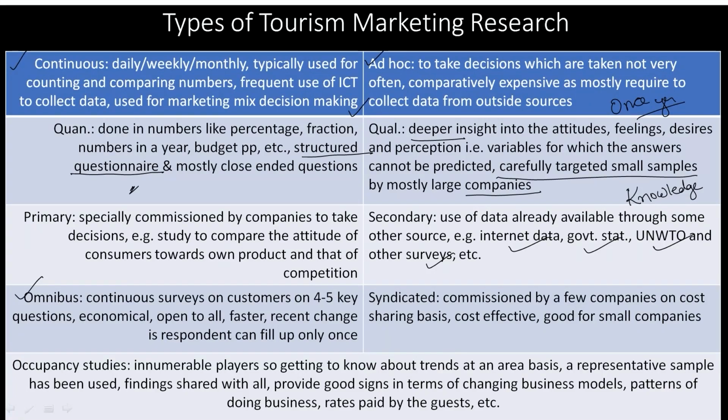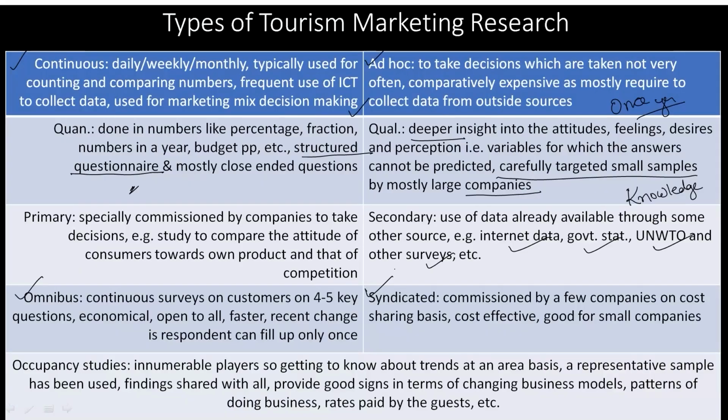Okay. Now next is syndicated. There are a couple of sectors in this industry, like the accommodation sector and the aviation sector, where a lot of companies operate, especially in the accommodation sector. Homestays are there, small hotels are there which are single standing properties, chains of hotels are there.